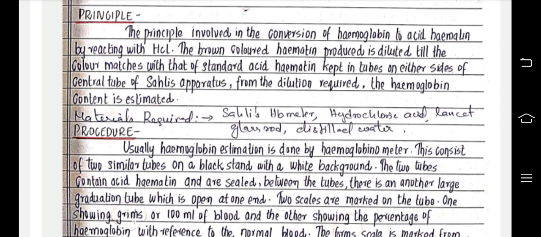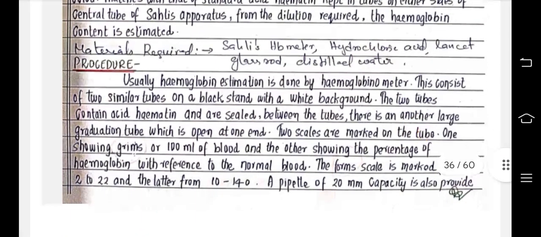Two scales are marked on the tube, one showing grams per 100 ml of blood and the other showing the percentage of hemoglobin with reference to normal blood. The gram scale is marked from 2 to 22 and the percentage scale from 10 to 140.